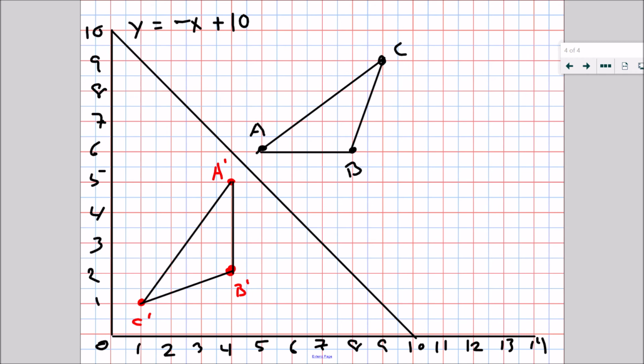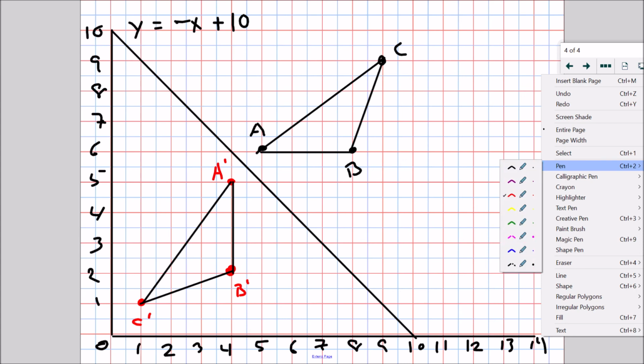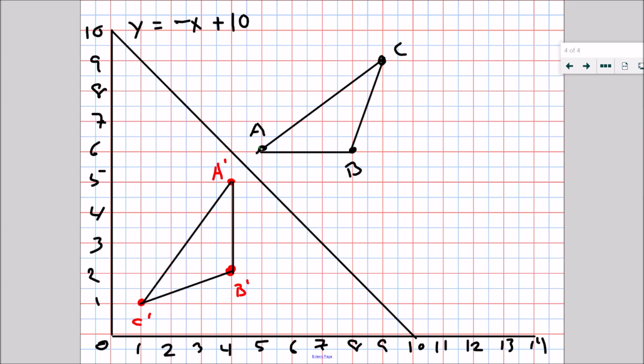So if you turn right into up, say with this A, if I turned right into up, well, I'd be on the same side of the line. But if I turned right into down, I'd be across the line and the same distance away.